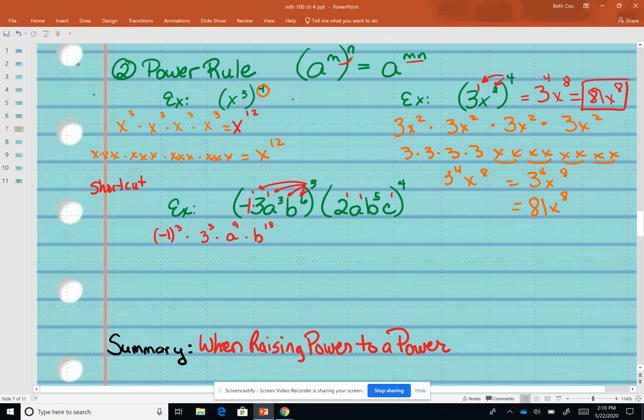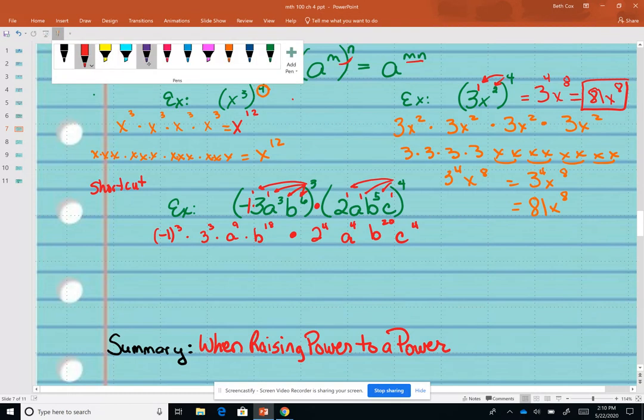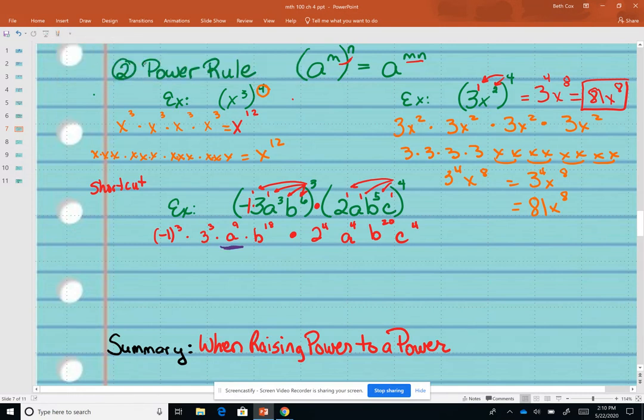Okay, let's do the next one. This is times 2 to the 4th, a to the 4th, b to the 20, and c to the 4th. Okay, so now let's do what we can. Let's put the ones together that are alike. So now we've got these two.